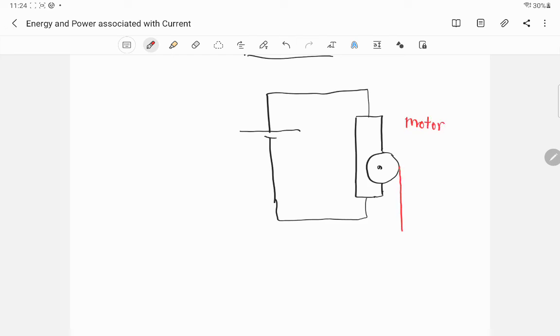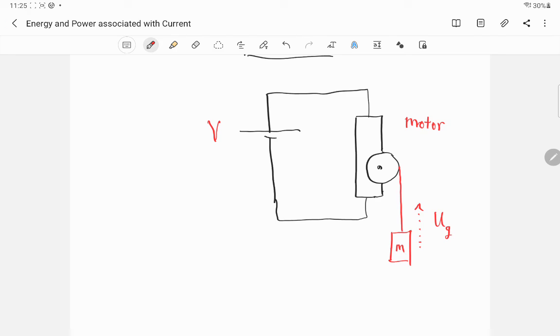It's got a spool of string tied to the end of a mass. And you can use your battery to increase the gravitational potential energy of this mass, like raise the mass.